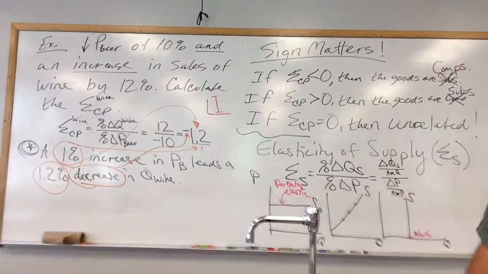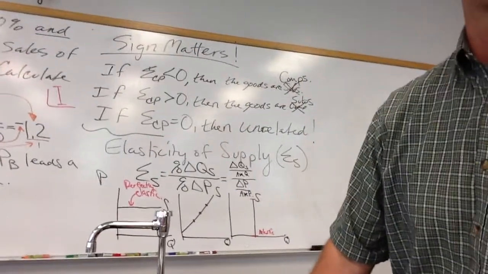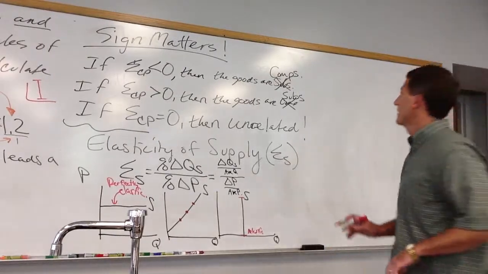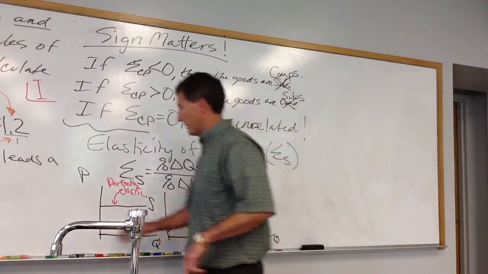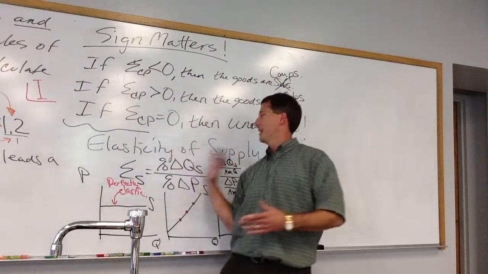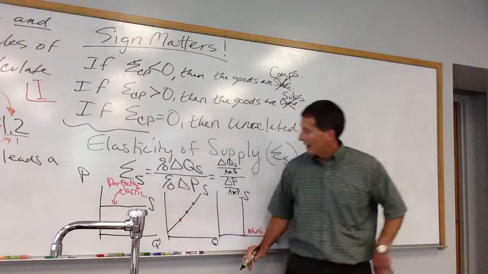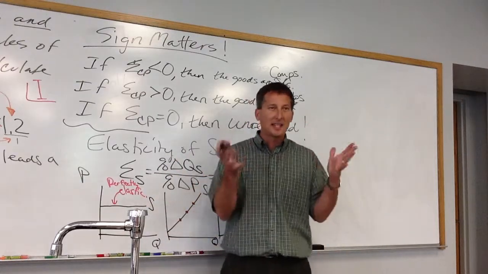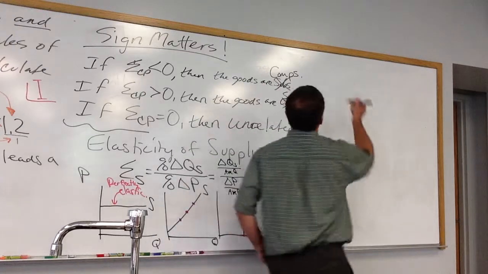Okay, so to tie in supply elasticities and demand a little bit, I want to think about things that influence the elasticity. You know, why does cocaine look like an I and bananas look like this one or whatever? What causes things to look like that way?